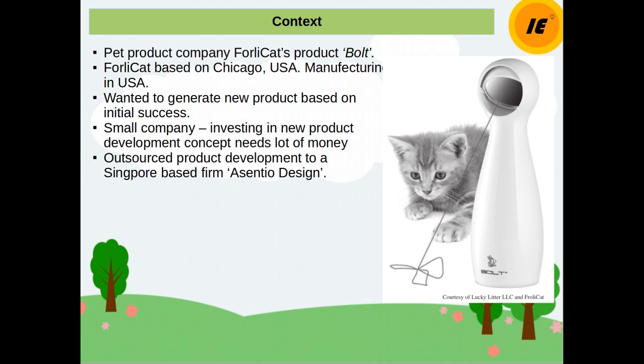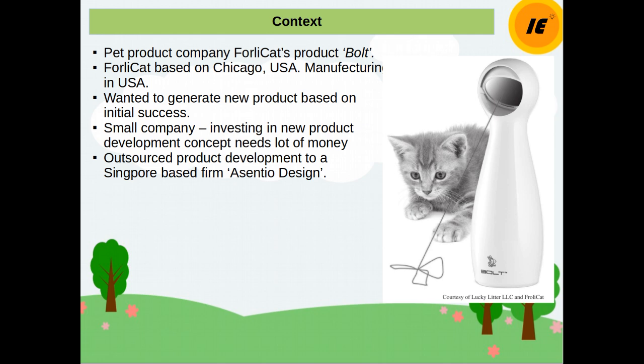They had launched a product called Bolt, which uses a laser, and I think it points the laser at various positions inside the home, and then the cat can play. I mean, that famous video where the cat follows the laser pointer, something like that.